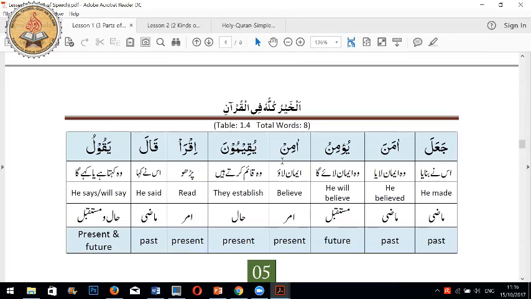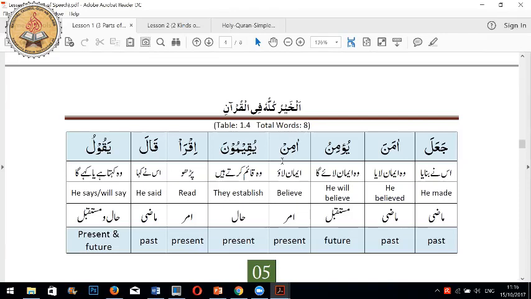Now inshallah ta'ala we will explore more why I have used here present and future, why yuqimuna, the fifth word, is only present, and why yu'minu is also future.